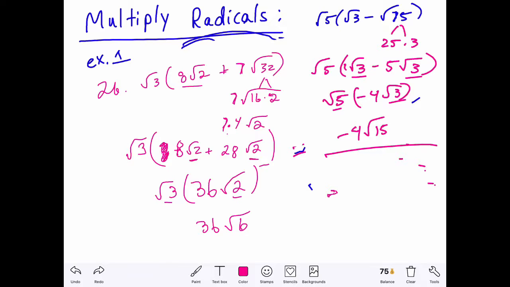So then once I had that, I see I could add them together because they have the same radical structure with that root 2. So 8 root 2 plus 28 root 2 is 36 root 2. And then when I multiply again by what's out front, it's just what's underneath by what's underneath, the radicand by the radicand, 36 times the root of 6.